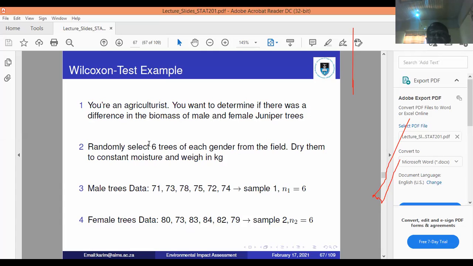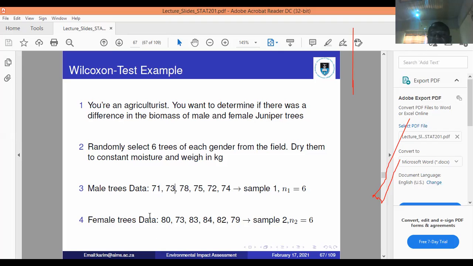You randomly select 6 trees from the males and 6 trees from the females. Then you dry them to constant moisture and weigh in kilograms. The male tree data are 71, 73, 78 and so on. Your N1 is 6, and your N2 is also 6.